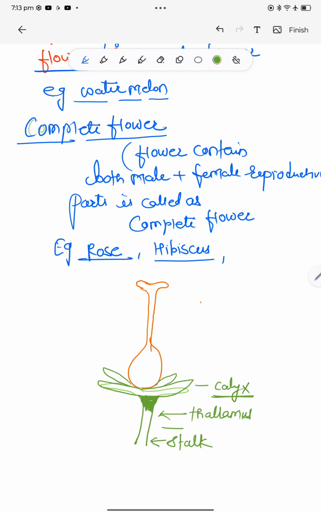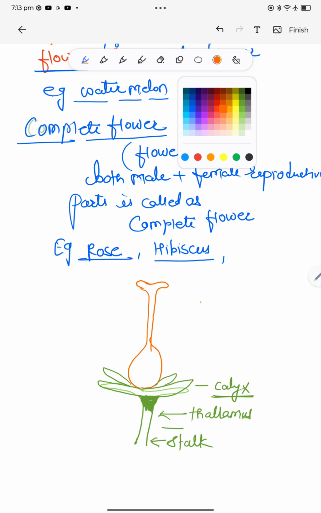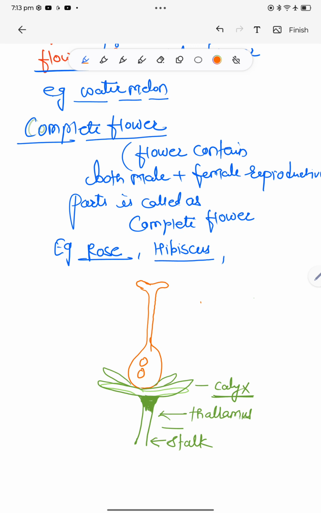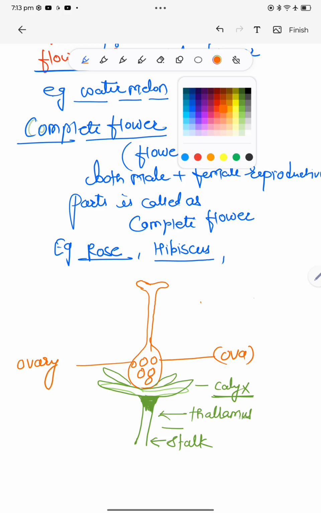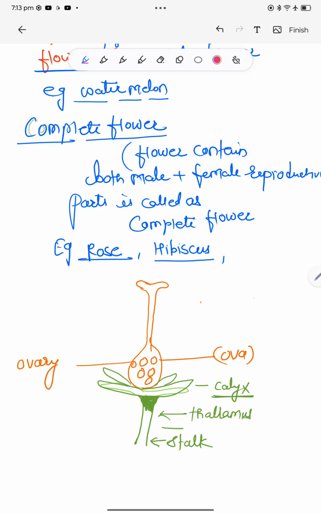The flower contains numerous ovaries. The ovary inside contains the ovule or ova. Now the flower also contains some attractive parts.